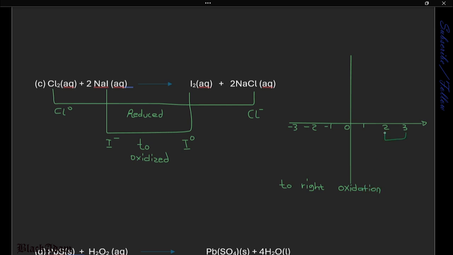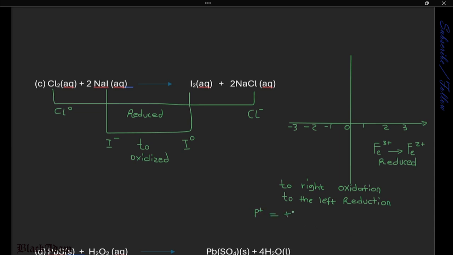Moving to the left, 3 to 2, let's make an example would be iron 3 plus, and then changes to iron 2 plus. So you can see that it's moving to the left there. So it's from 3 to 2 going to the left. So to the left, that would be reduction, it's been reduced.